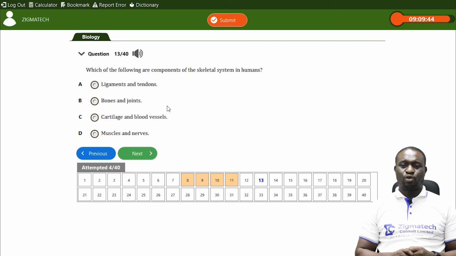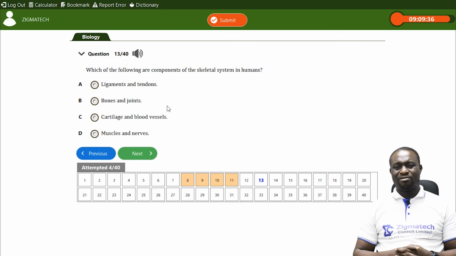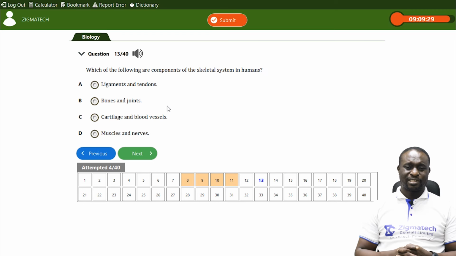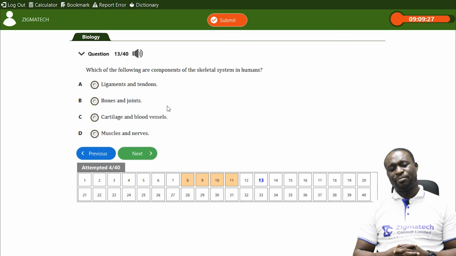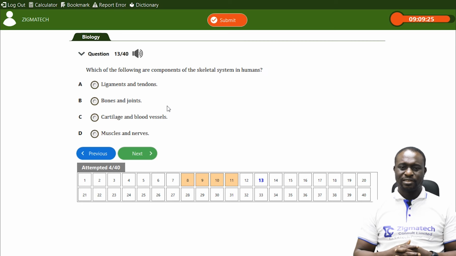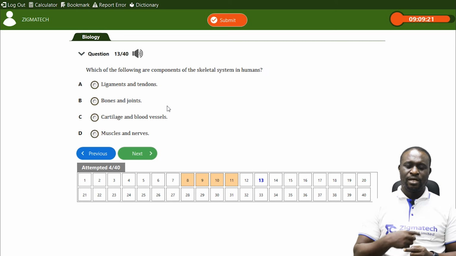Okay, so that is what a skeleton is. Now, we have about 3 types of skeleton. We have endoskeleton, we have exoskeleton, and then we have hydrostatic skeleton. Humans belong to endoskeletons. It means that their skeleton is located within the body.